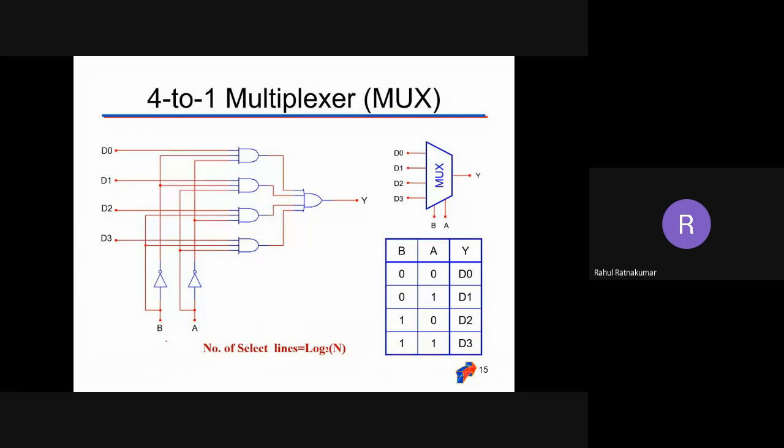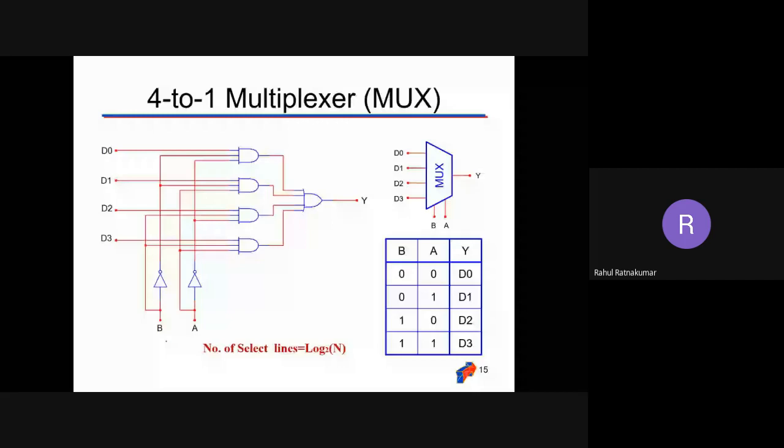Because A and B will have values, one among the 4 AND gates will be on. All the other AND gates will be given one input as 0. So I'll be switching only one AND gate on based on A and B, and so the corresponding data D0, D1, D2 is going to the output Y.